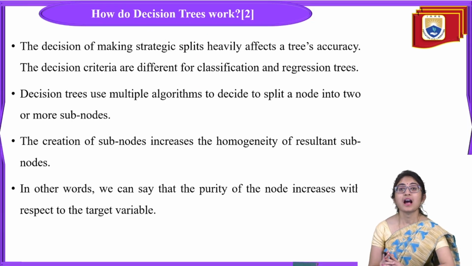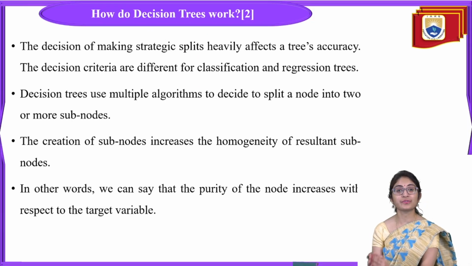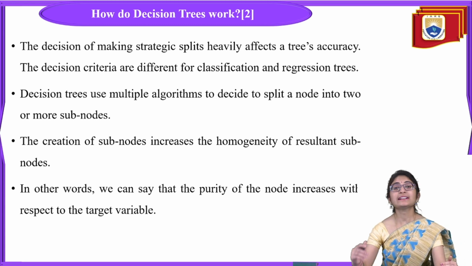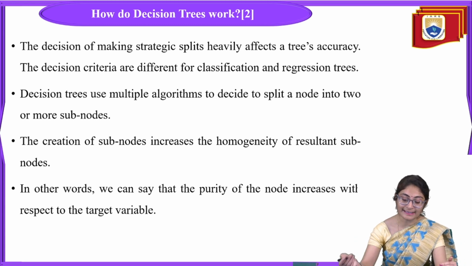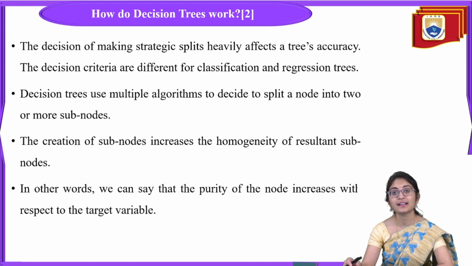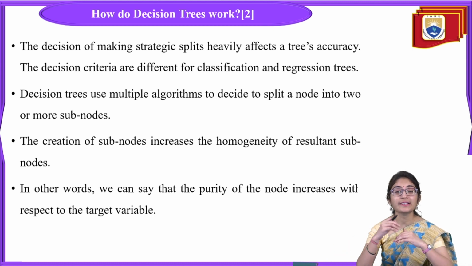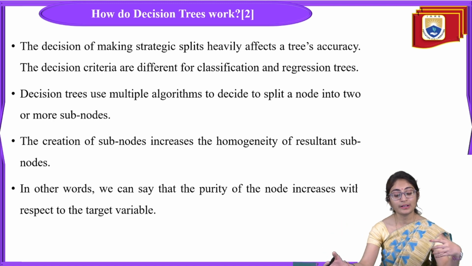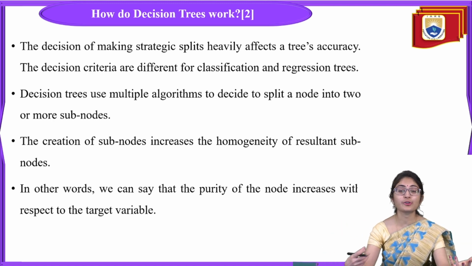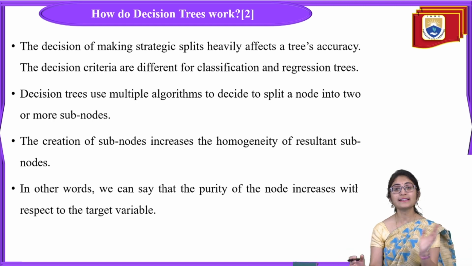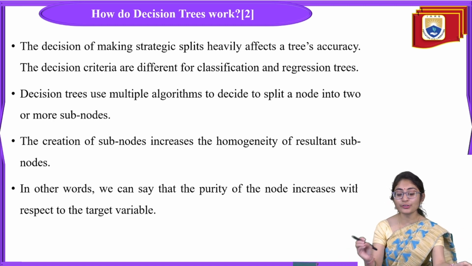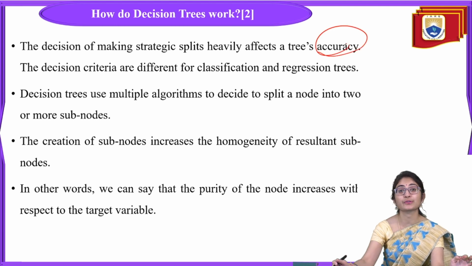So how does a decision tree work? Actually, the decision of making strategic splits heavily affects a tree's accuracy. Whatever decision you are taking related to your problem, related to your task, it will affect your tree's accuracy.